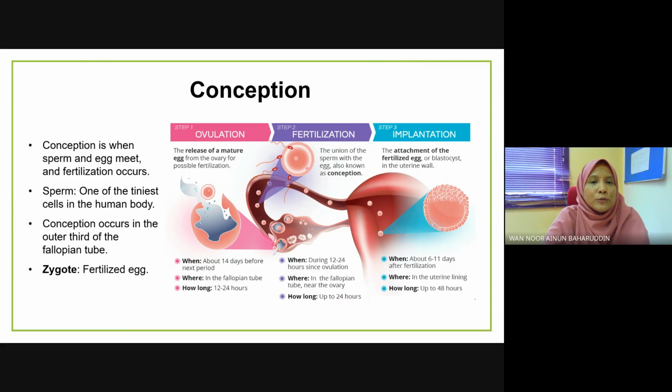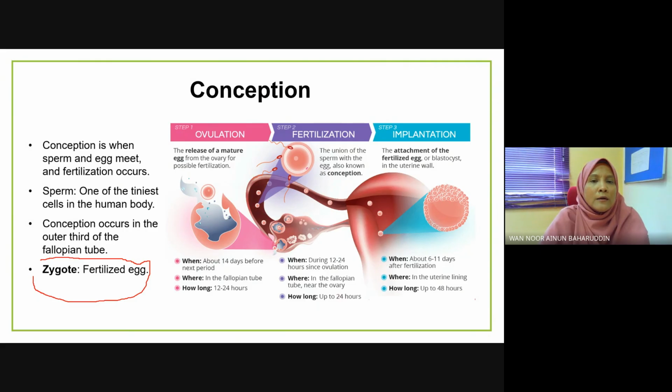So what is conception? Conception is when the sperm and egg meet together and fertilization occurs. Sperm is one of the tiniest cells of the body. Conception occurs in the outer third of the fallopian tube, and if it is fertilized, there is the formation of the zygote, what we call the fertilized egg.